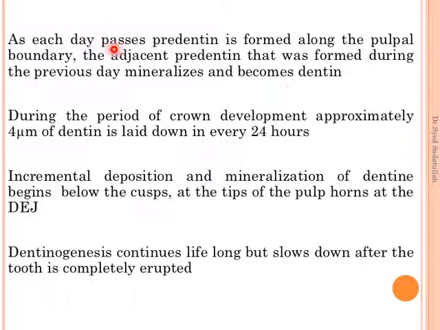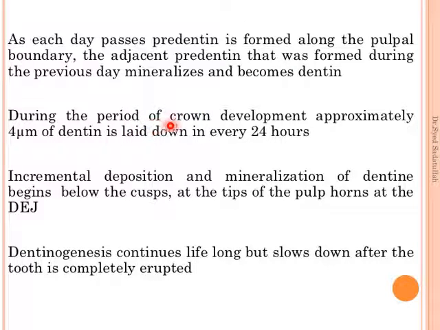As each day passes, predentin is formed along the pulpal boundary. The adjacent predentin that was formed during the previous day mineralizes and becomes mature dentin. So every day there is predentin formation; the previous layer, which has hydroxyapatite on it, becomes mineralized dentin, and a new layer of predentin will form adjacent to the odontoblast.